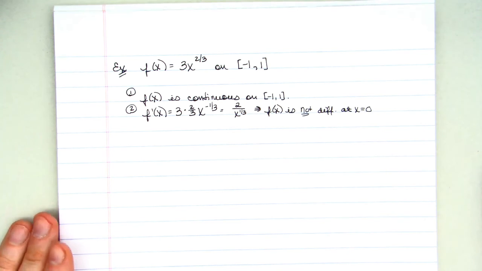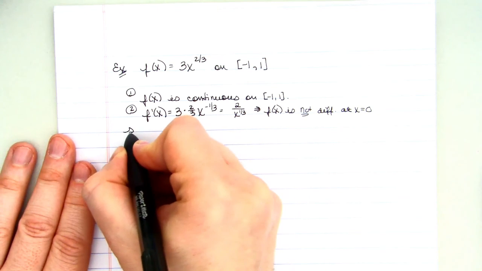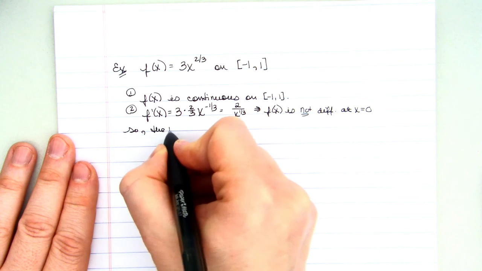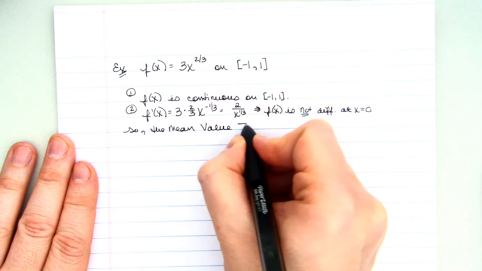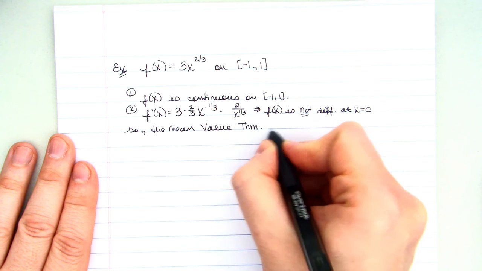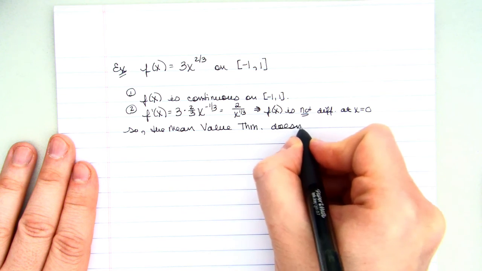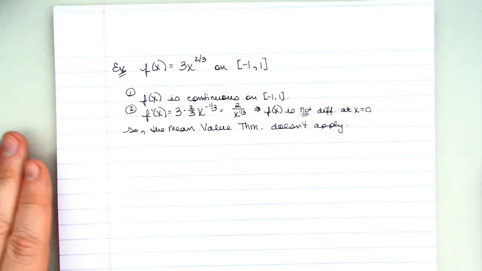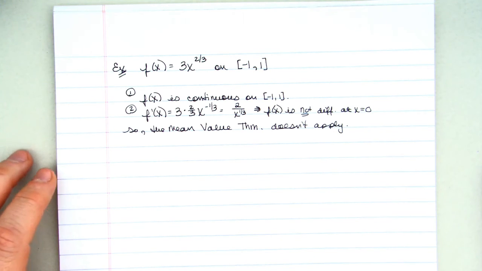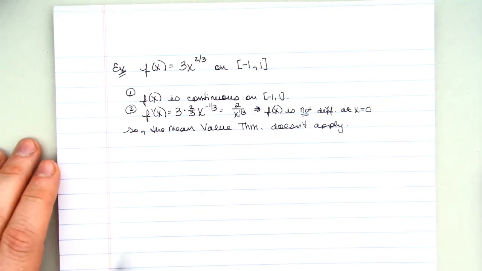And because of this, the mean value theorem doesn't apply. I can't guarantee that there's a place where the slope of the secant line through negative 1 comma 1 equals the slope of the tangent line.